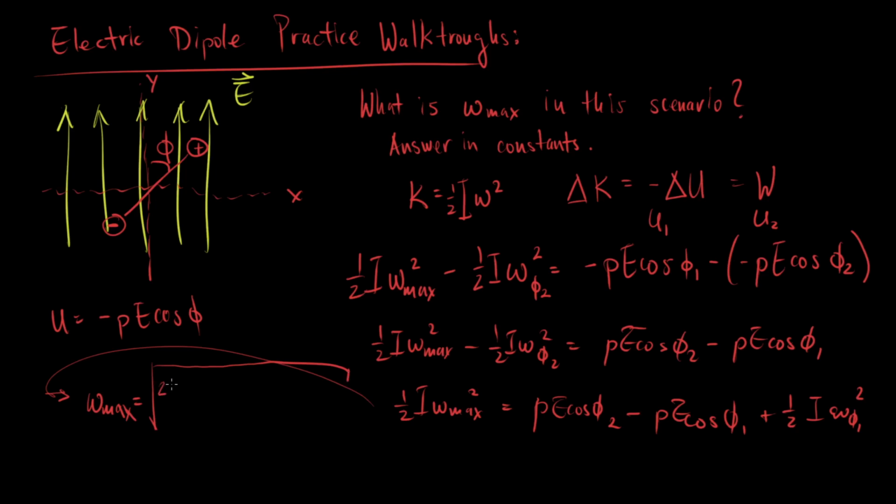So 2 times PE cosine phi 2 minus PE cosine phi 1 plus 1/2 I V max phi 2 squared, oh, I forgot a C, and that's supposed to be phi 2. And all of this multiplied, so 2 times that whole thing, divided by the moment of inertia. And that would be our final answer.